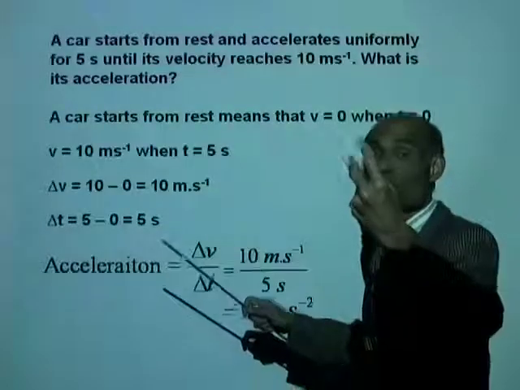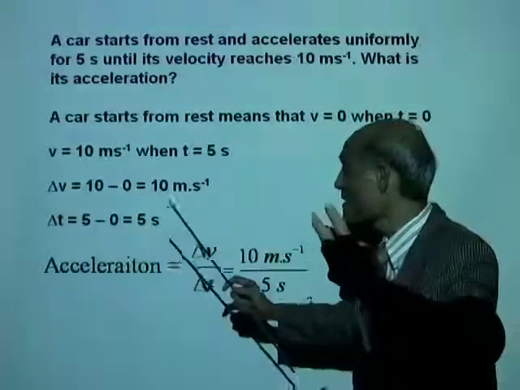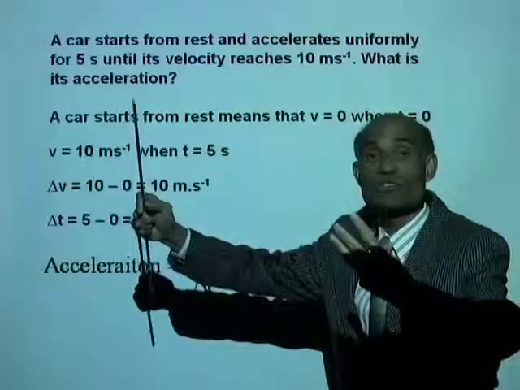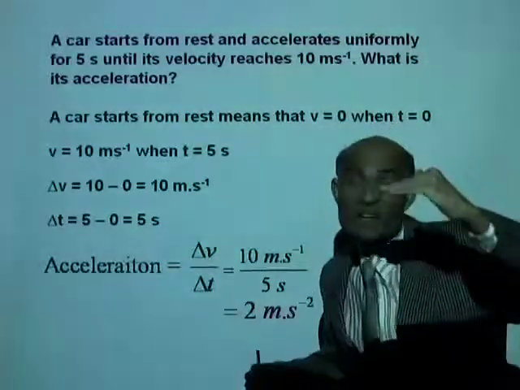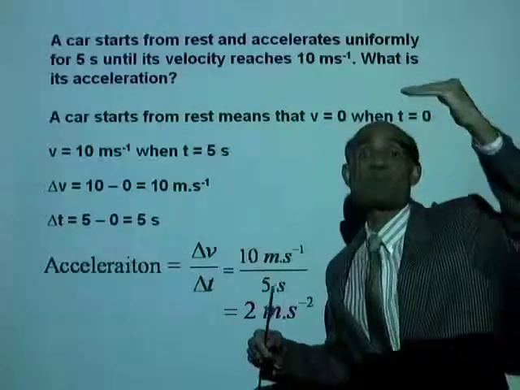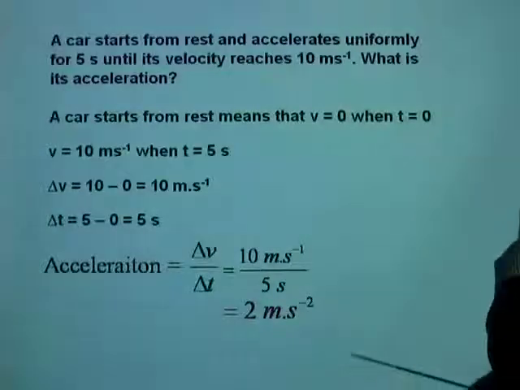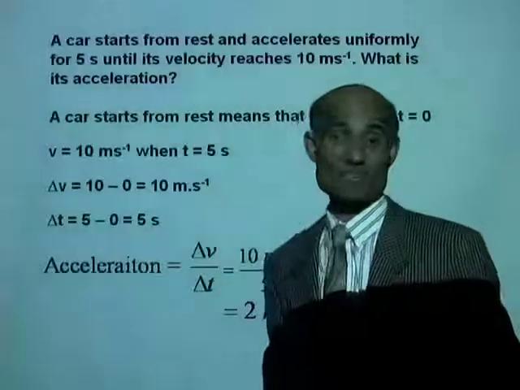When t equal to 2 seconds, the velocity is 4 meter per second. At the end of 3 seconds, the velocity is 6 meter per second. Every second, the velocity increases by 2 meter per second. That is the meaning that the acceleration is 2 meter per second squared.